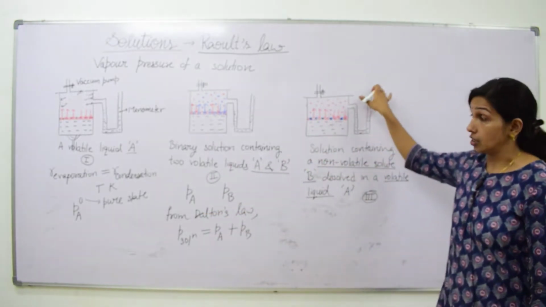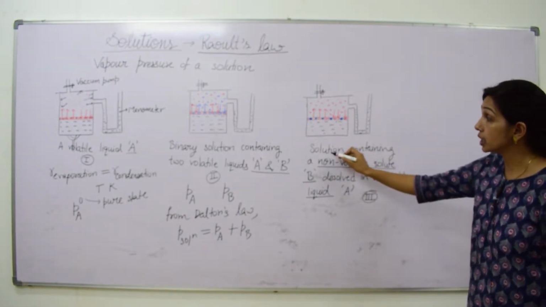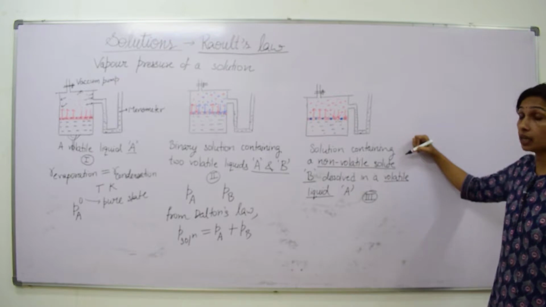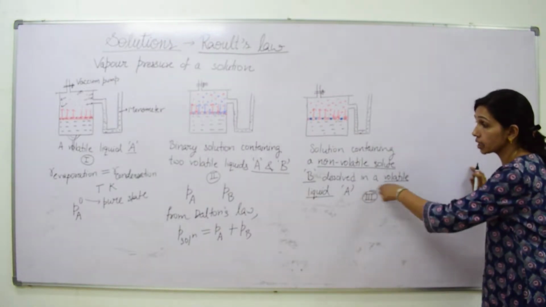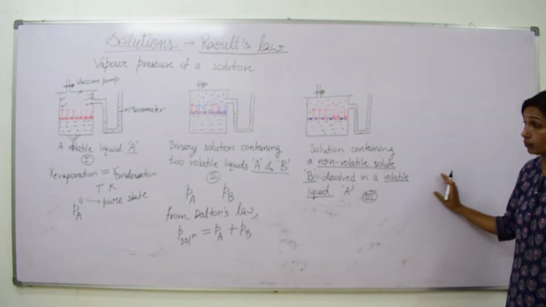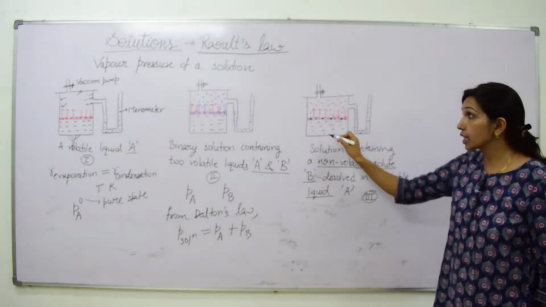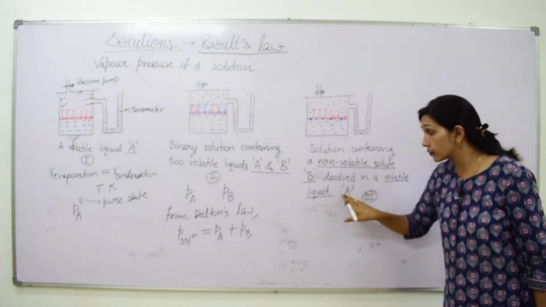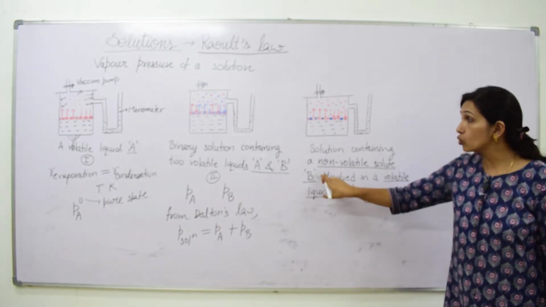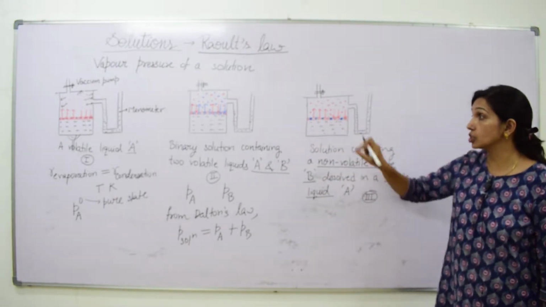The third case is where we are going to study a solution containing a non-volatile solute B dissolved in a volatile liquid A. This solution has a volatile liquid acting as a solvent, and in this volatile liquid A, a non-volatile solute B has been dissolved, shown by blue particles here.